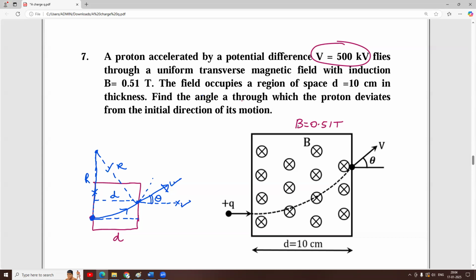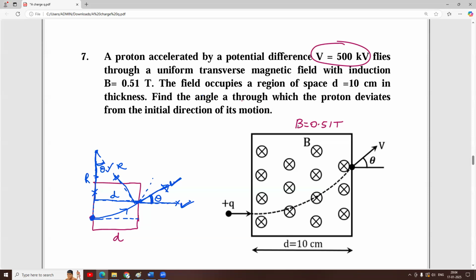If you draw two perpendicular lines to this and this, they should also make an angle theta. For this tangent, the radial vector is perpendicular. So these two perpendiculars should also make an angle theta here. So that is also theta. If this is theta, then this is also theta.